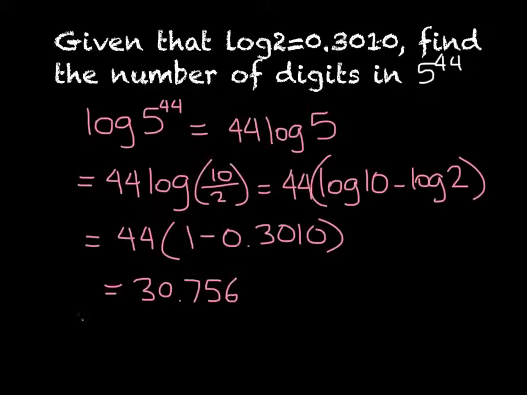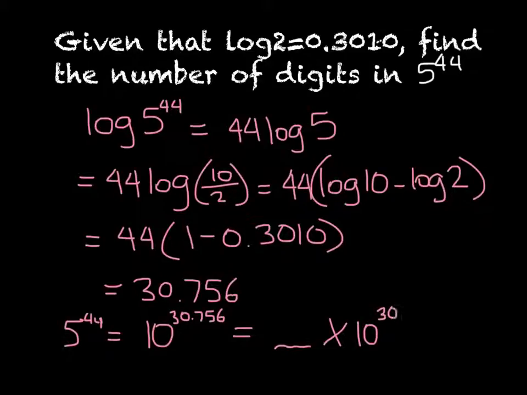Now let's think about what this means. This means that our number, 5 to the 44th, is equal to 10 to the power of 30.756, or some number times 10 to the power of 30.